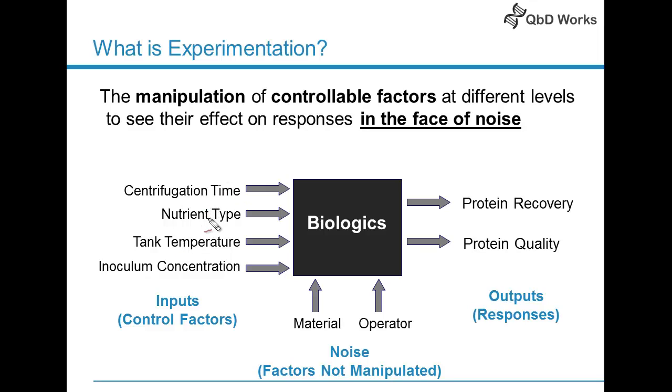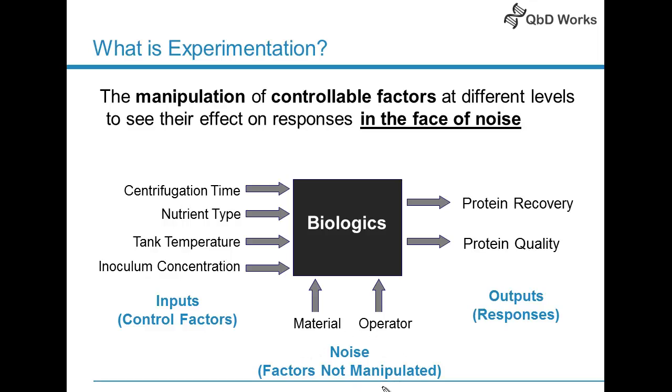For example, centrifugation time, nutrient time, temperature, inoculum concentration. And then we'll see a response, in different measures that we will take. In this case, protein recovery, protein quality, and these are called outputs and responses.